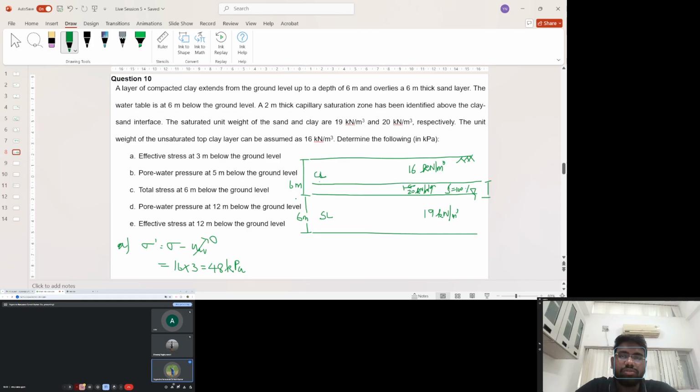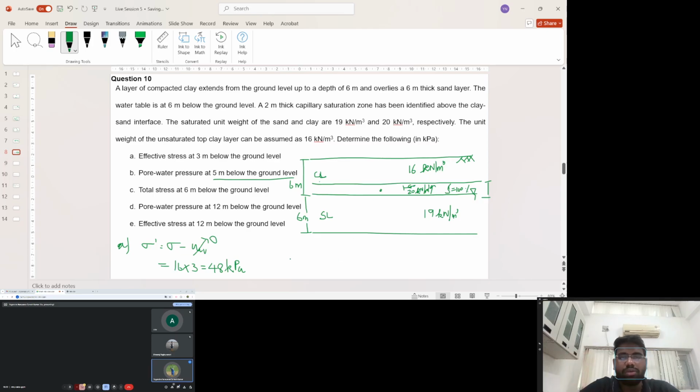Since it is given 5 meters below ground level, and till 2 meters above the clay sand interface we are experiencing capillary action, the point for which they require the computation falls within the capillary zone.